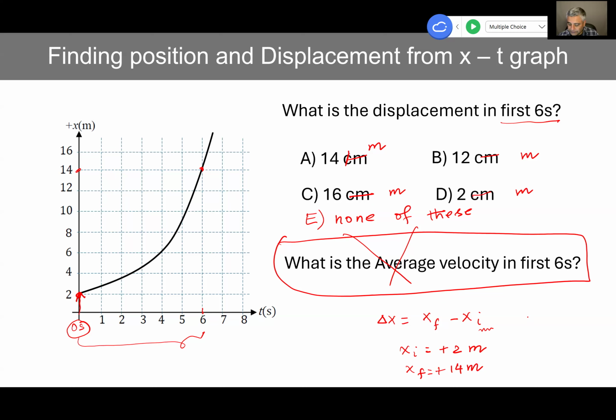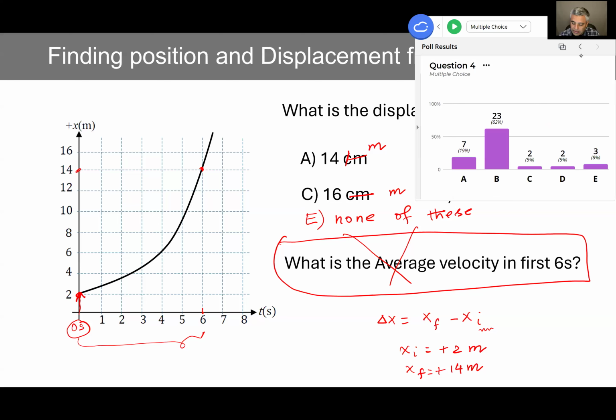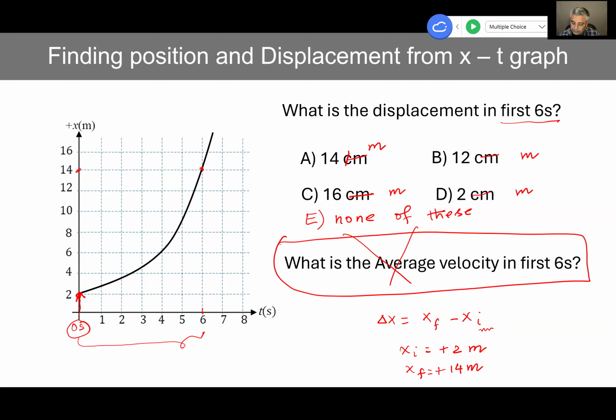So what's the displacement then? Displacement is positive 14 minus positive 2 meters. 14 minus 2 is 12. So yes, B is the correct answer in this case. So displacement here is positive 12 meters. Okay.